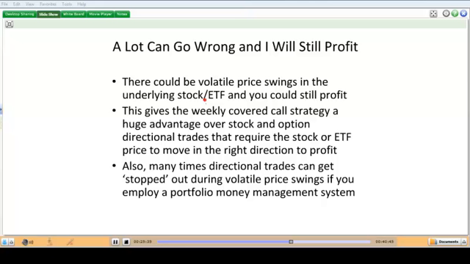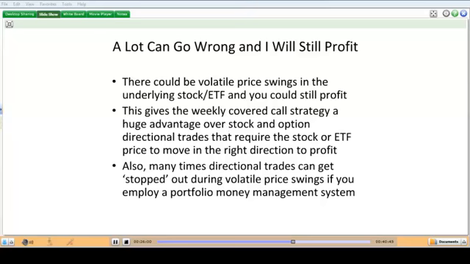So also, if you're a directional trader, a lot of times you'll get stopped out during these volatile price swings if you use a money management system that gets you out of losing trades before they develop into big losing trades. So this gives this covered call strategy big advantage over trying to make money from directional trades.